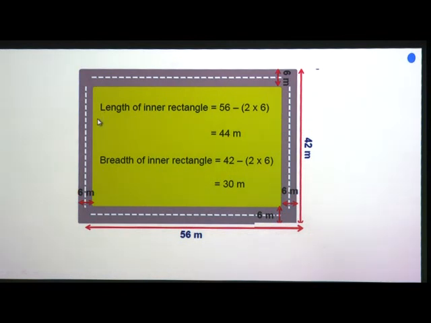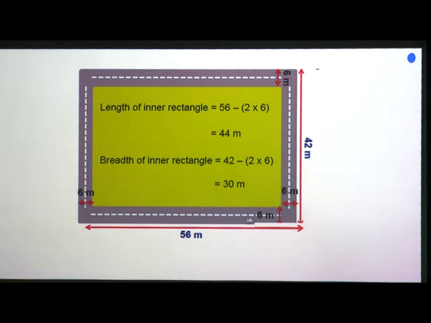Now, the length of the inner rectangle, which is green in color. I have written it here so it will be easier to understand. The length of the inner rectangle is equal to 56 minus 2 into 6. How?